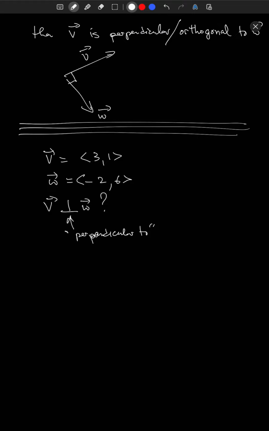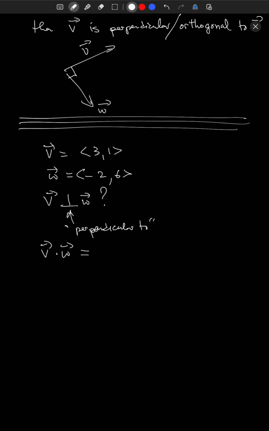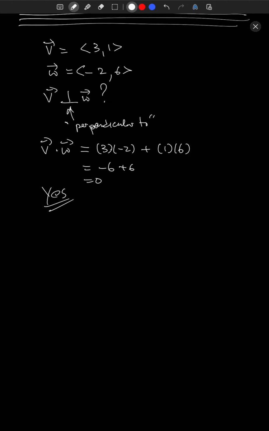Well, all you have to do is take v dot w and see if you get 0. So this is going to be 3 times -2, which is -6, plus 1 times 6, which is 6, equals 0. So yes.